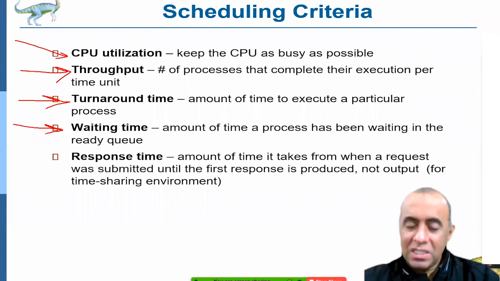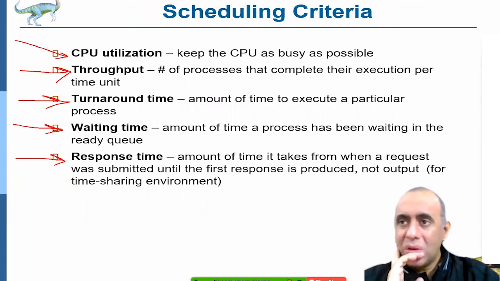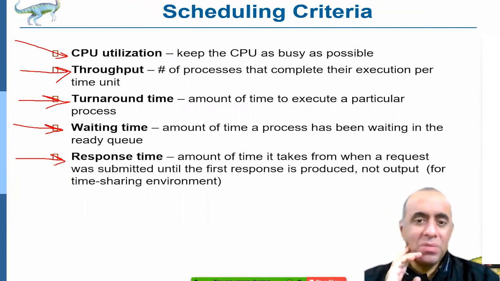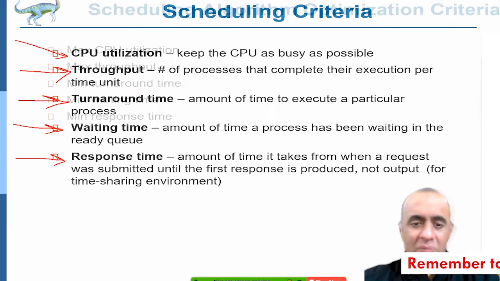We want to minimize this time. Response time is the time between when a process comes into the ready queue and when the CPU scheduler gives a response to it.